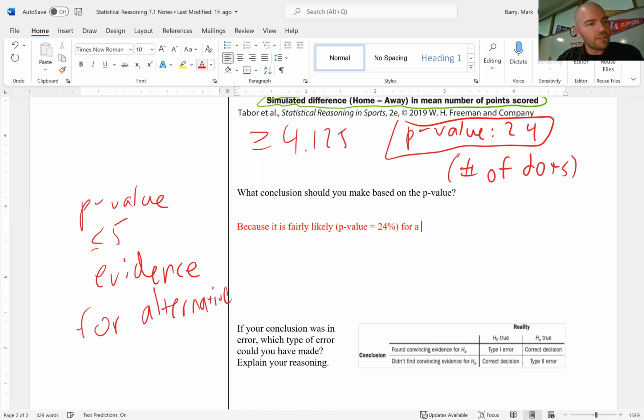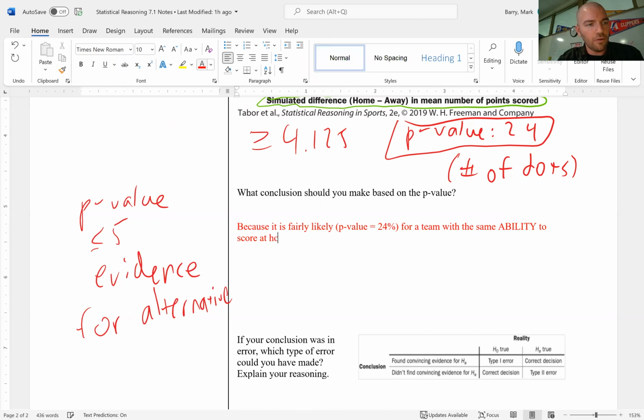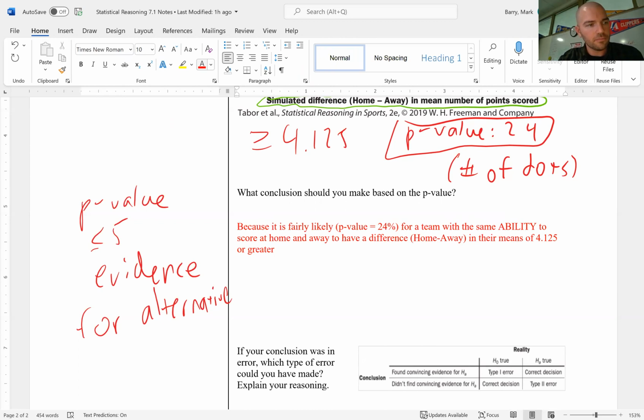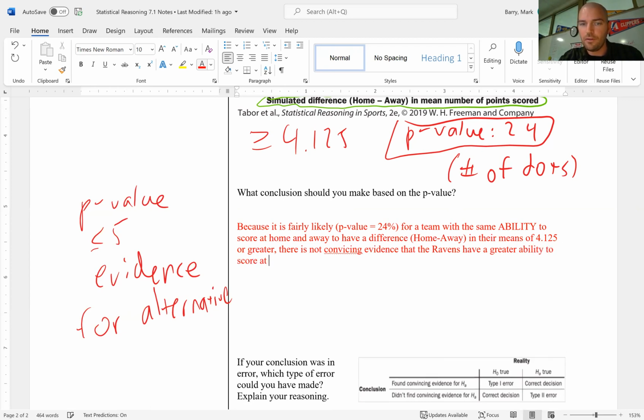All right. For a team with the same ability to score at home and away to have a difference, home minus away, in their means of 4.125 or greater, there is not convincing evidence that the Ravens have a greater ability to score at home.